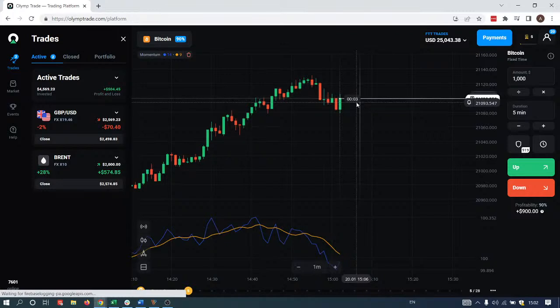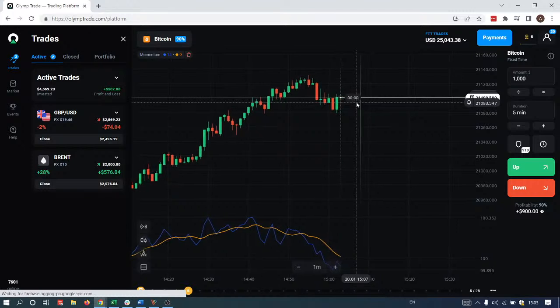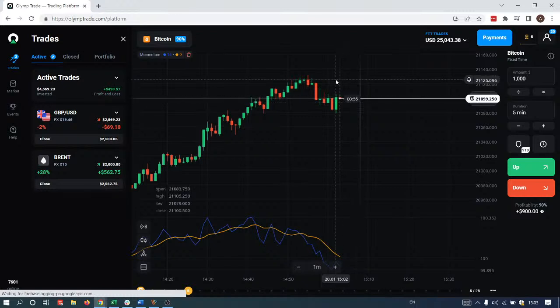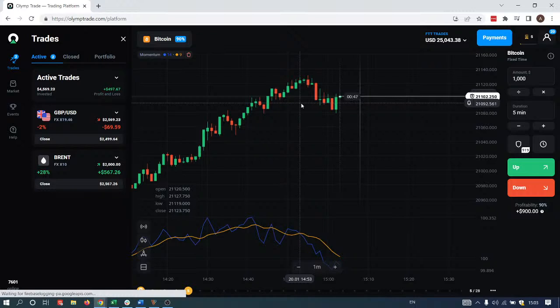So a brief info about this indicator. Now this indicator basically compares the current price, the current quote, with the price n candlesticks ago, or n periods ago. Here in this example we have 14 candlesticks ago, so 14 periods.